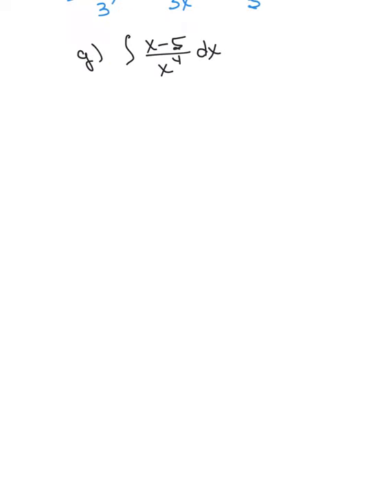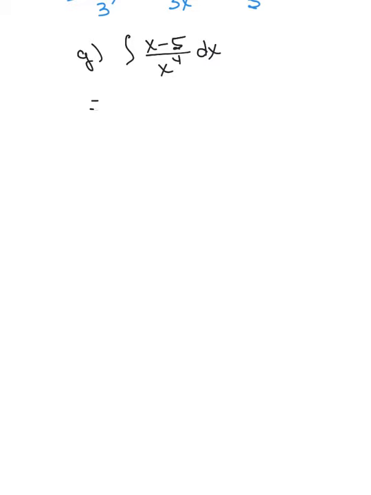On example G, we have the integral of the function x minus 5 over x to the 4th dx. For what we know how to do right now in integration, we cannot do anything with this because it's written as a fraction. We need to do a rewrite so that we have individual terms with x's raised to powers. So we're going to be doing some algebra here.